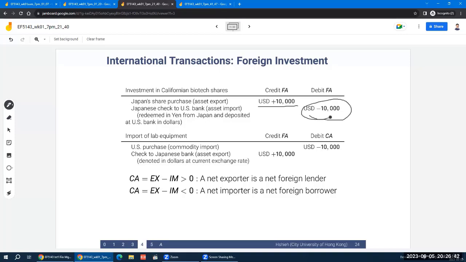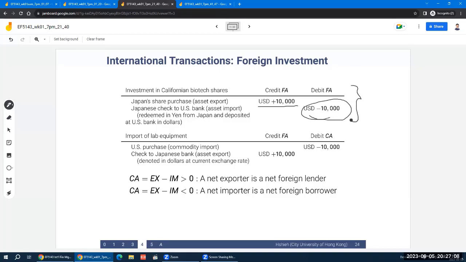So there is a corresponding debit on the financial account. So they give us Japanese yen. We take that Japanese yen, we convert it to US dollars, and that's going to show up as a financial account. Yes, and the U.S. firm gives their shares to Japanese investors. That's an export. It's a credit.